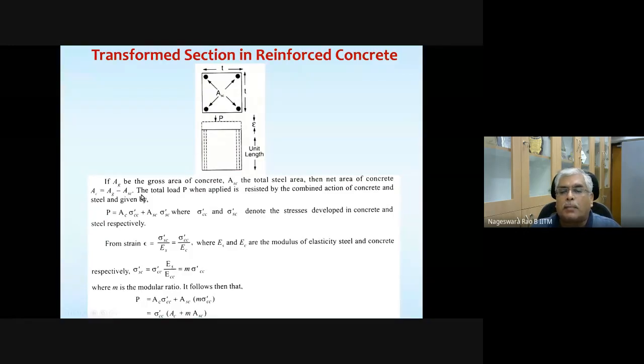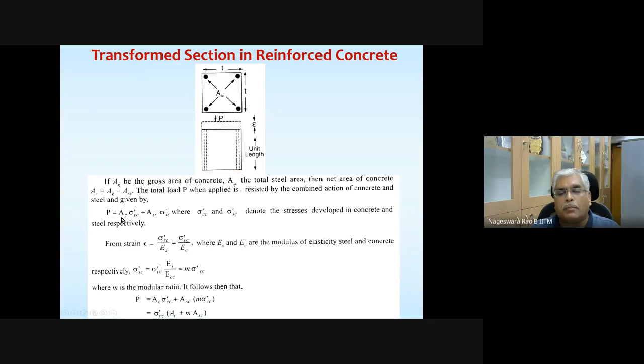And what is the load that is applied? The total load P applied is resisted by the combined action of concrete and steel. So I can write an equation like this: P is equal to the net area of concrete multiplied by the stress developed in the concrete, plus the area of steel in compression multiplied by the stress developed in steel.